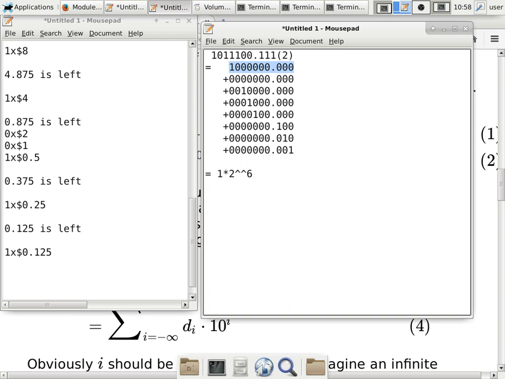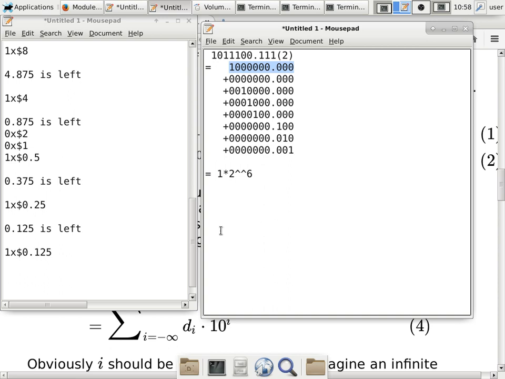Is this kind of analogous to the first example in base 10? Yep, except now we're using base 2. So we are raising the power of 2 to the number of zeros to the right-hand side of that digit. Cool.